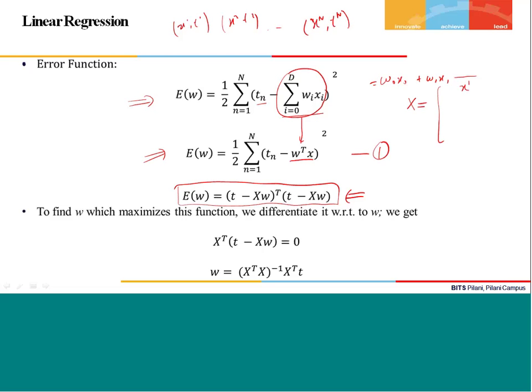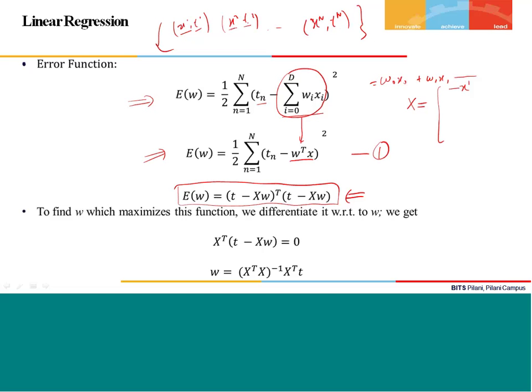So there are n samples in my data set, right? This is my first input and corresponding to the first input, this is my output value. This is my second input x, and this is the output corresponding to the second input. So I can write all these x1, x2 up to xn into a matrix form.